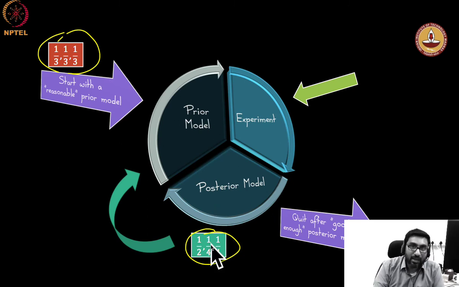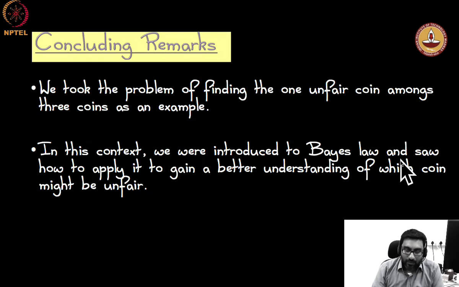Run the experiment again. We'll go through this loop a few times. At some point it will stabilize and we'll know that this is the right answer. At that point in time, we're done. Okay. So this is the general framework of applying Bayes' law to understand the world around us.